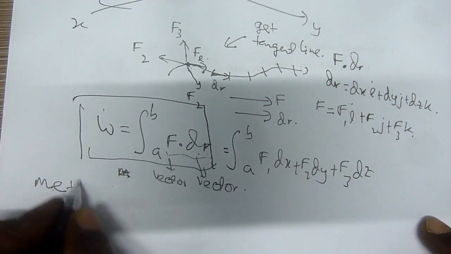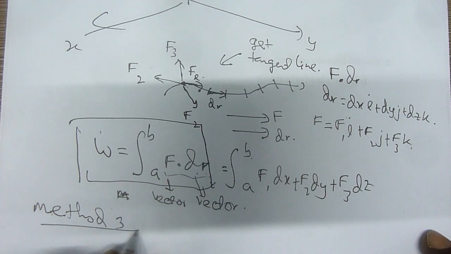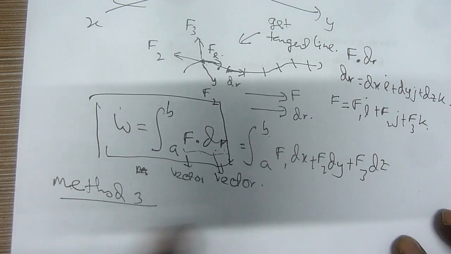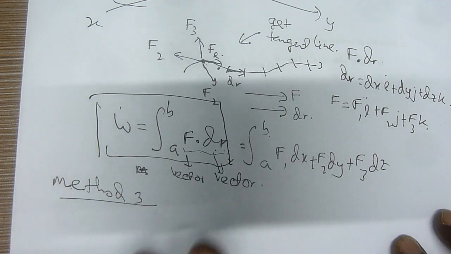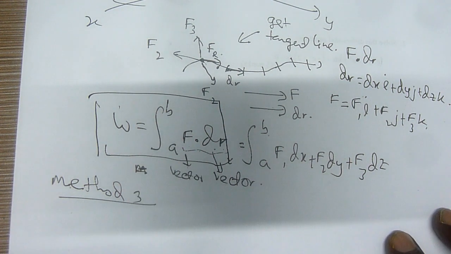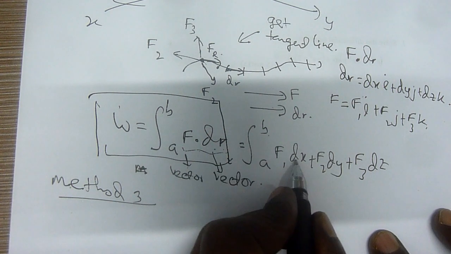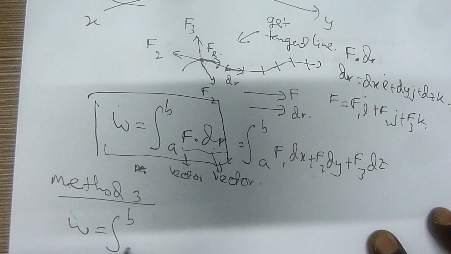Some of you may ask, sir, why are you splitting this into several methods? Can I incorporate it and say this is the overall method 1? No, I just keep them separate. Method 3 is similar, the same one, but I'm adding this inside, so there is a slight difference.